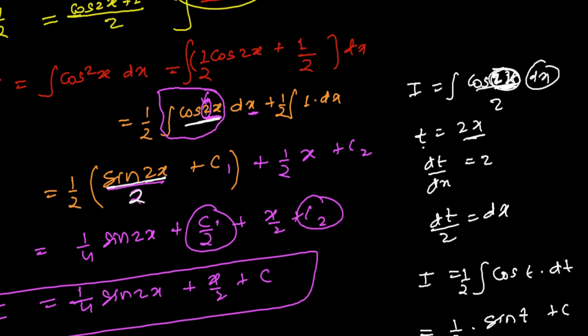If it was only x, the coefficient is 1, and dividing by 1 needs no writing, which is why we don't generally write it. If it was 3x, then it will be sin 3x and divided by 3. If it was 5x, then it will be divided by 5. So keep these things in your brain properly. This is going to help you a lot.